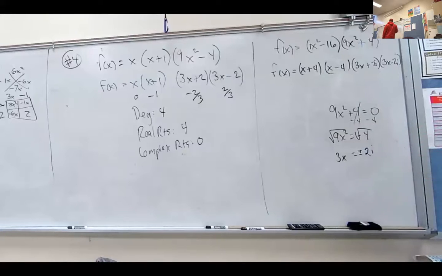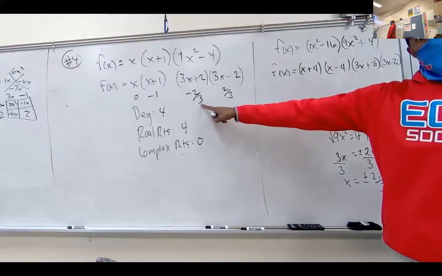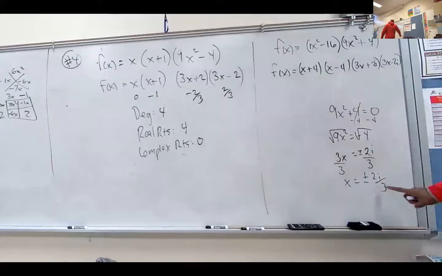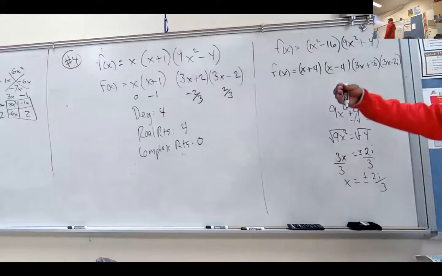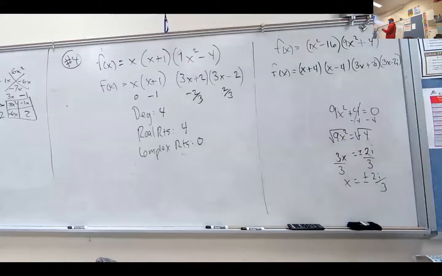So the last thing I would do is divide by 3. I get plus and minus 2i over 3, which is just like that. It's the exact same thing, just there's an i in there now. So basically you can get a root, but you won't get a real root.